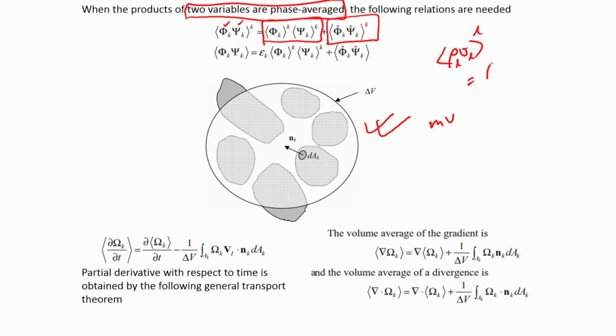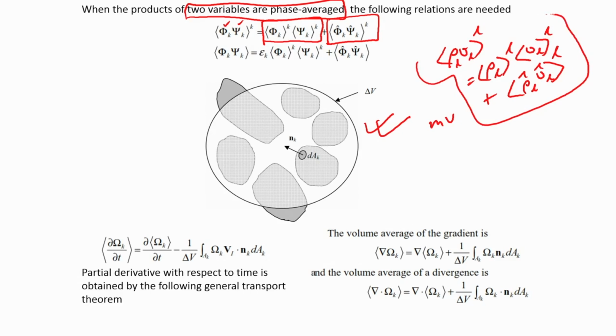Okay. This is rho L averaged over L, V L averaged over L, correct, plus rho L tilde V L tilde averaged over L, right. So, this is nothing but this rho V. Okay. It can be any other things, obviously, I am just giving you an example, this is written in that particular fashion.